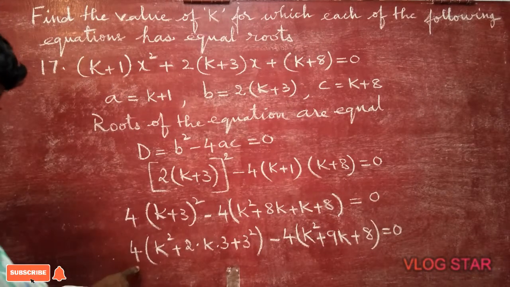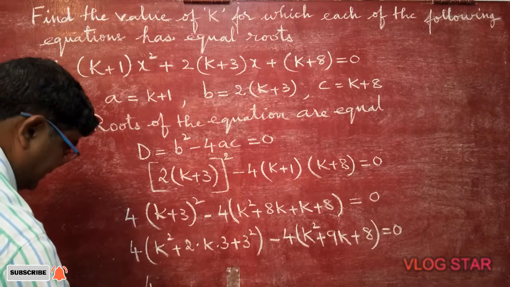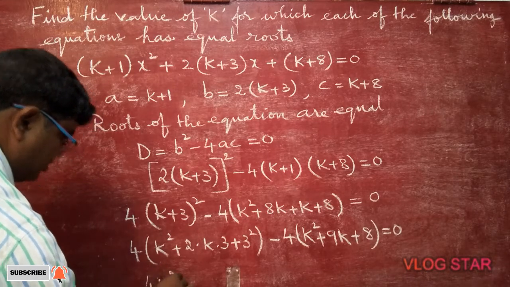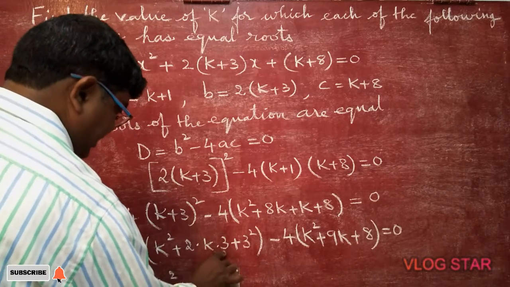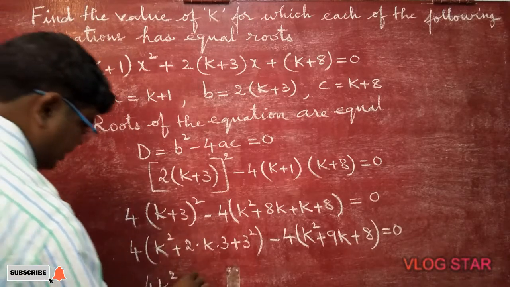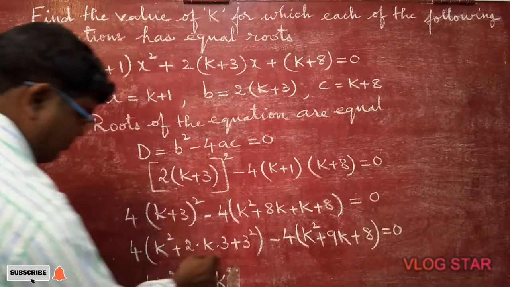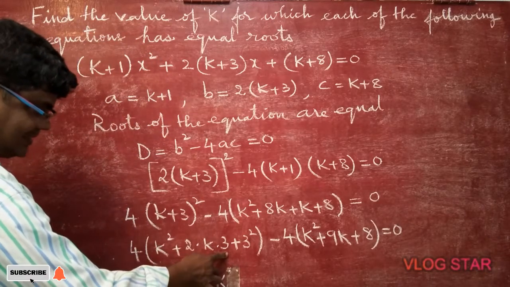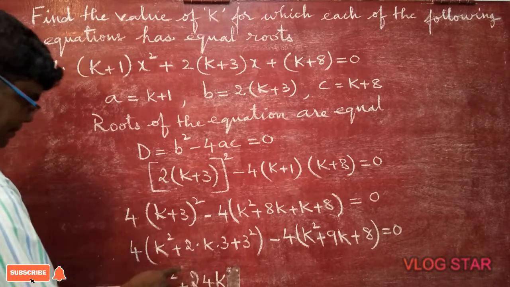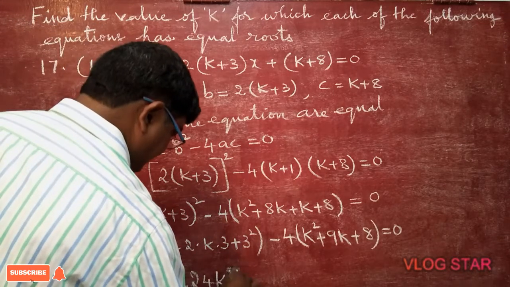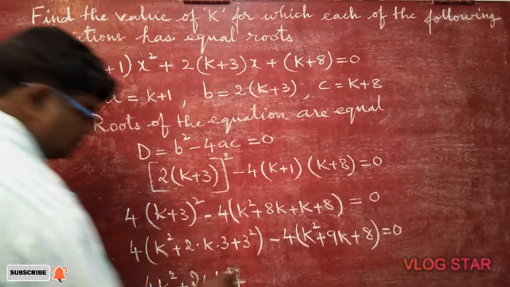Now multiply with 4. 4k square plus, plus into plus is plus, as you all know. 2 3s are 6, 6 4s are 24, 24k. This is all one term only. 2 3s are 6, 6 4s are 24 and k is there. And plus 3 3s are 9, 9 4s are 36.